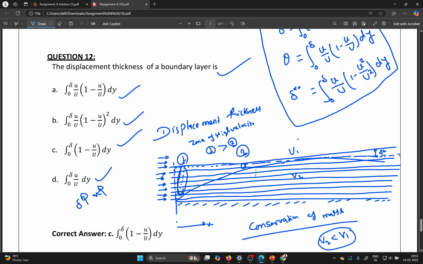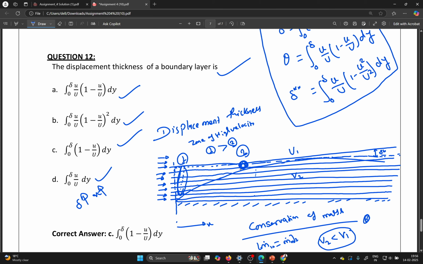As you all know from conservation of mass, the mass flow rate in and out should be equal. If the high velocity zone is less and the low velocity zone is large, then for transporting more mass you have more area, so there is no problem.